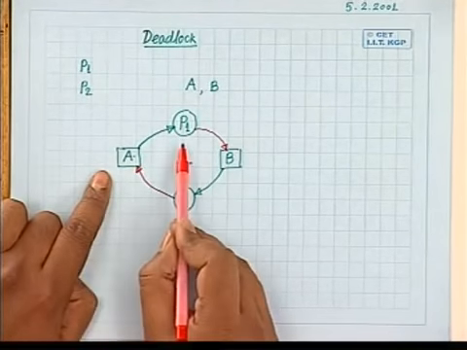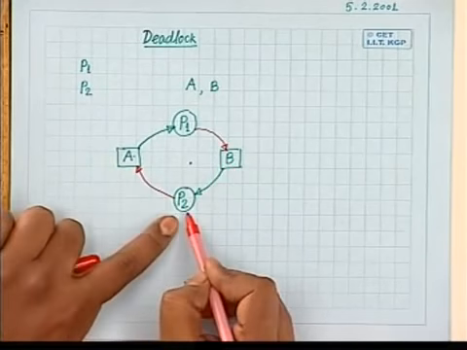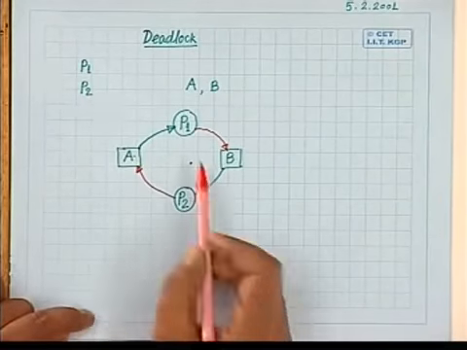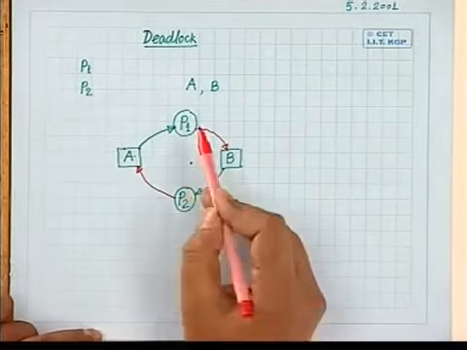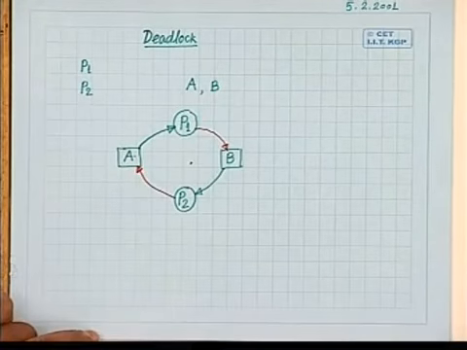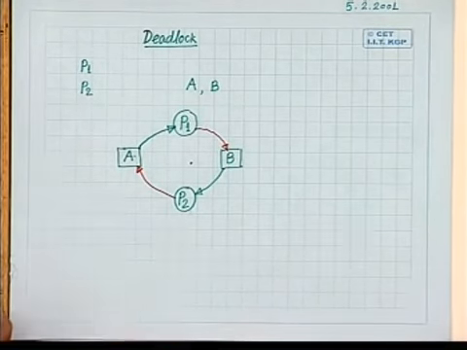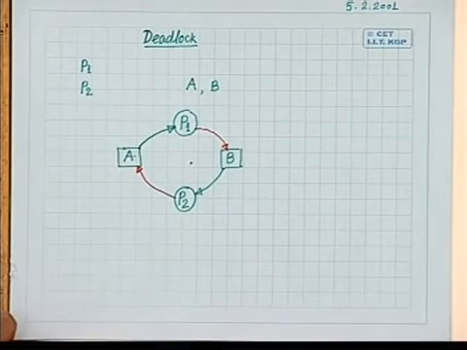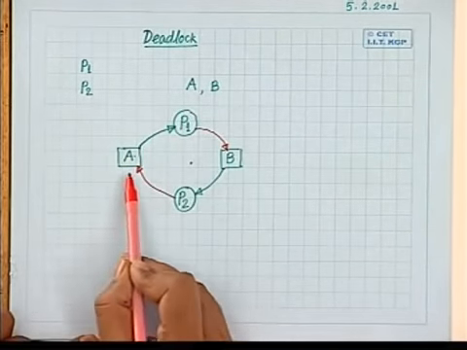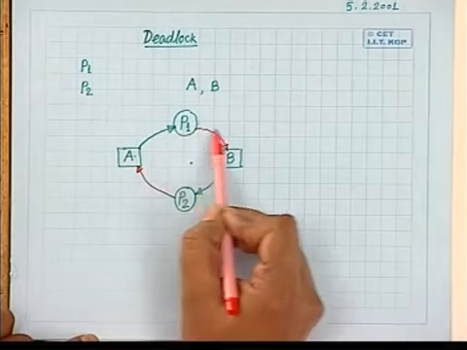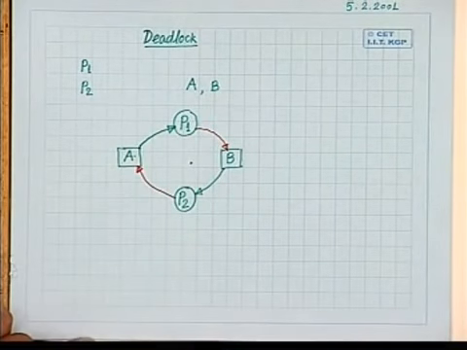P1 cannot complete until and unless it gets B. P2 also cannot complete until and unless it gets A. So both these processes have acquired some resource and are waiting for the other resource to be released by the other process, which in turn is waiting for the resource acquired by the first process. In this situation, neither A will be released by P1, nor B by P2, and they will wait forever in such a cycle, and they will never be complete.